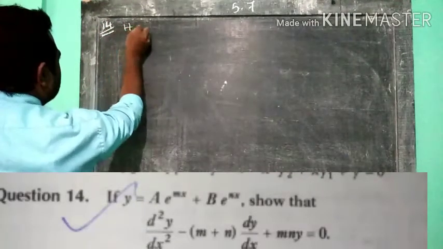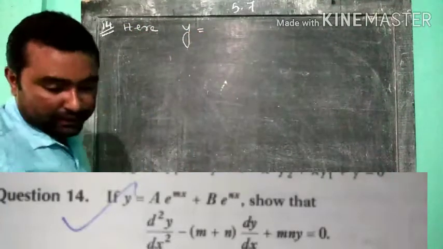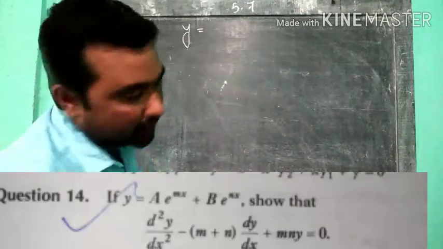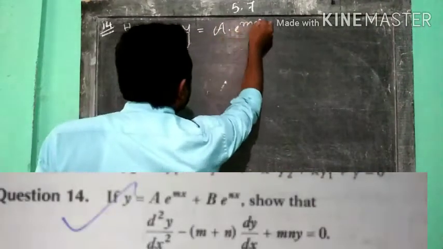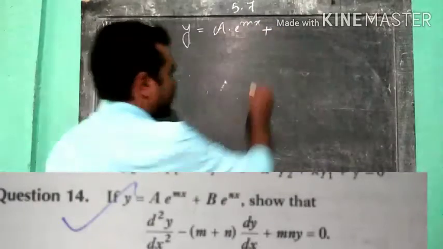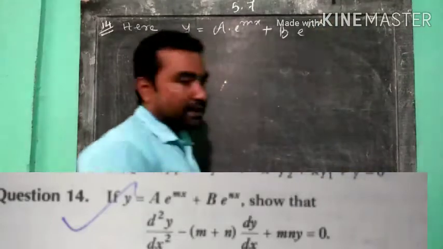Here y is given. So y equal to a into e to the power mx plus b into e to the power nx. It is given.